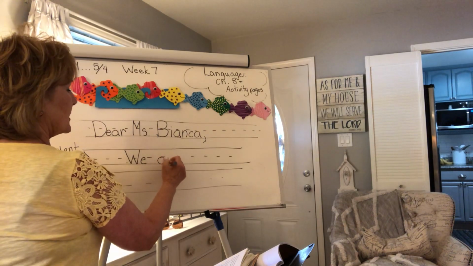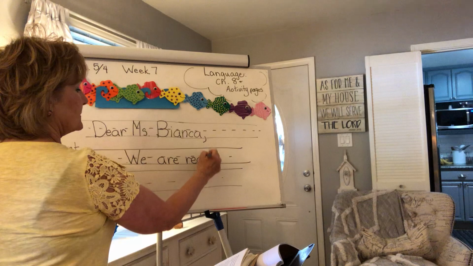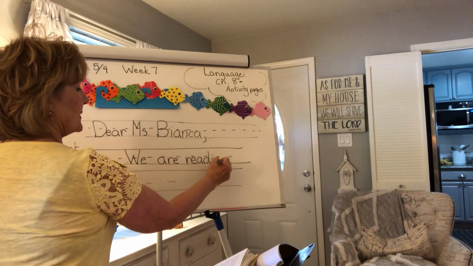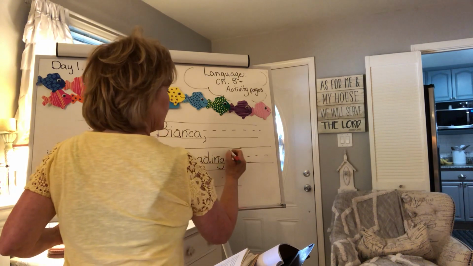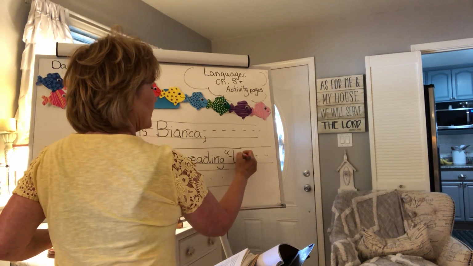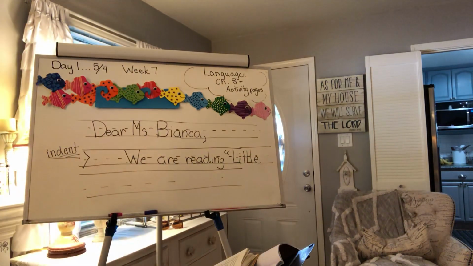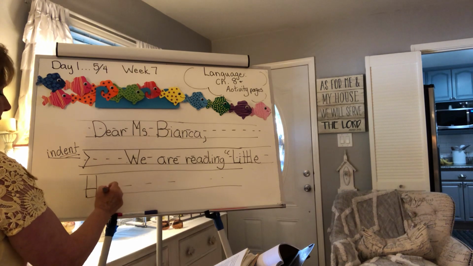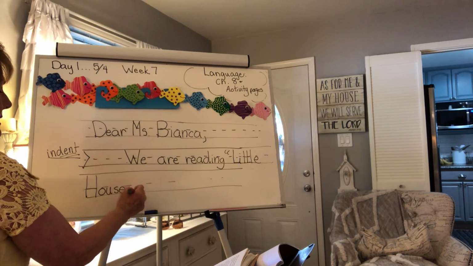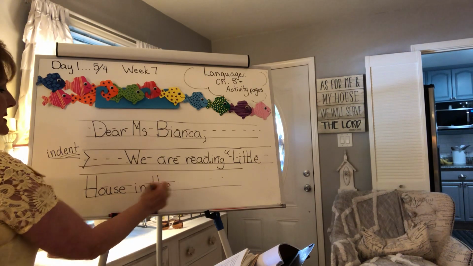We are reading, and then you do quotation marks and a capital L with quotation marks. Okay, that's what you do with the book. Capital H, Little House, lowercase n, lowercase the, those are minor words.